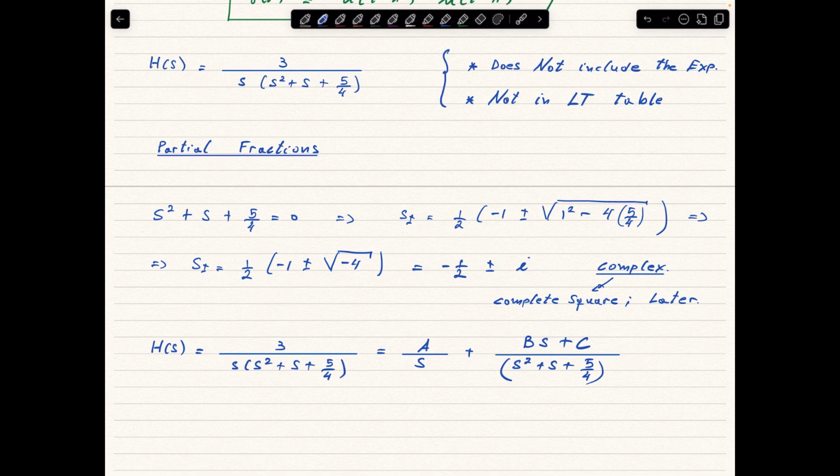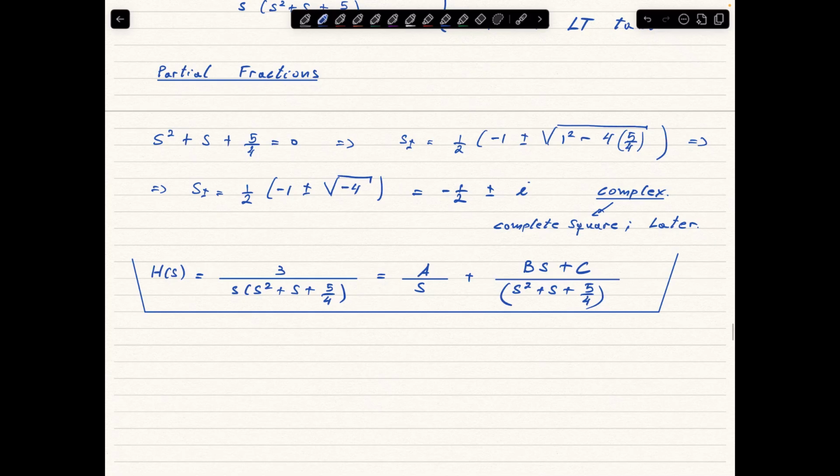Now let me emphasize that by making a little highlight here. It's left as an exercise. I'm going to put the calculation at the end of the video, but show that we can compute A, B, and C, and A is actually 12/5.